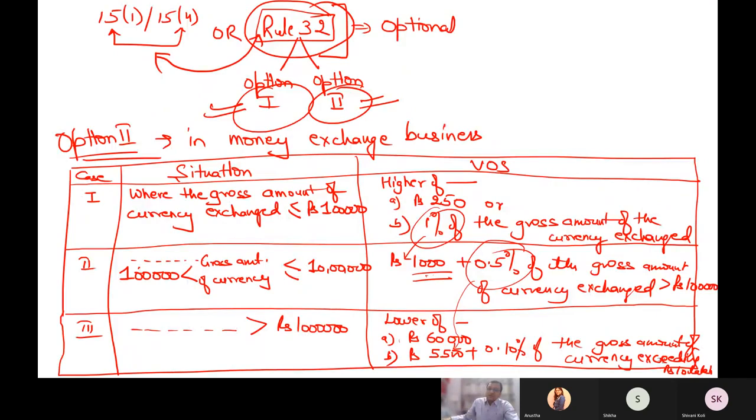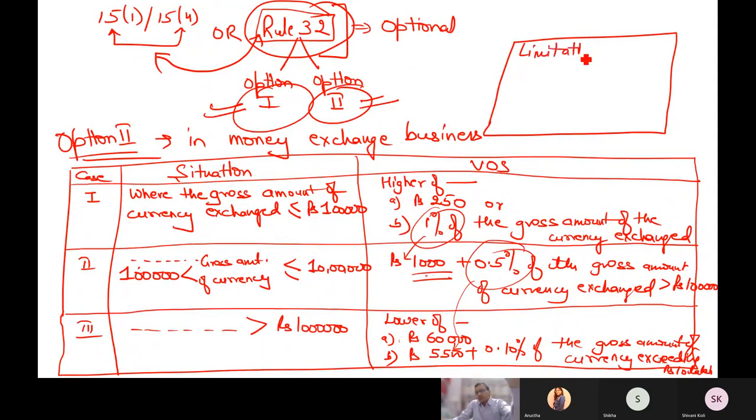In this option 2, there is some restriction. If you opt for this option, do you know what limitation you have? You cannot change it for the entire year. You have to follow it regularly. The supplier has to follow this option 2 for the entire financial year if he avails it.